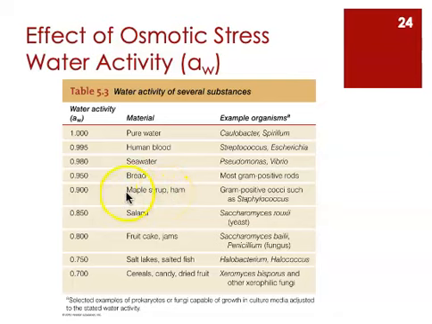It's easier for them to grow in maple syrup than it is, say, for them to grow in dried cereal. So you can use this information to help you know how to handle food safely.